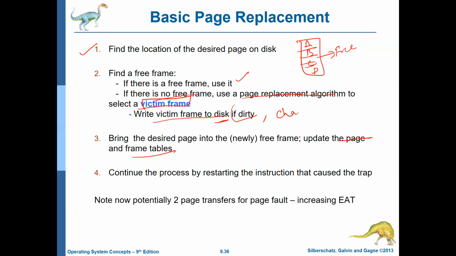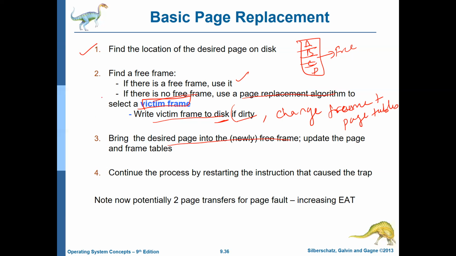So write the victim frame to the disk and change the frame tables plus page tables. Both have to be updated. Now, the next thing is to bring the desired page into the newly freed frame.